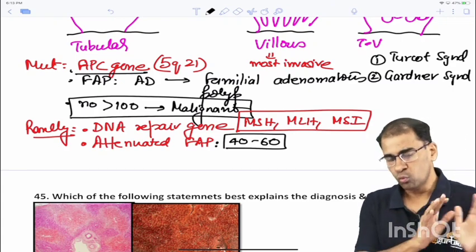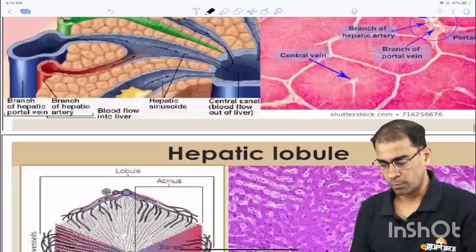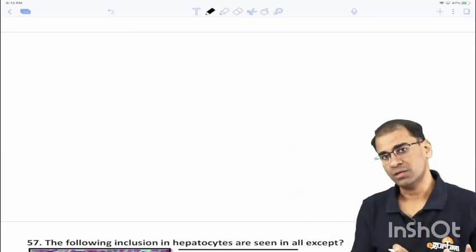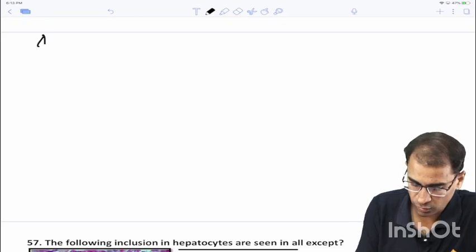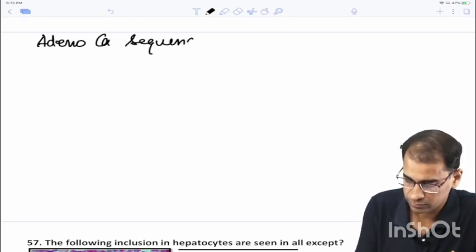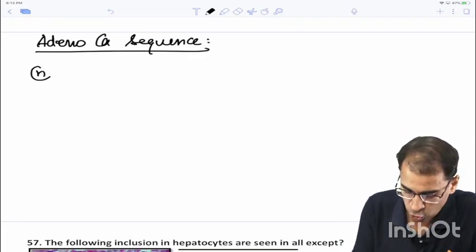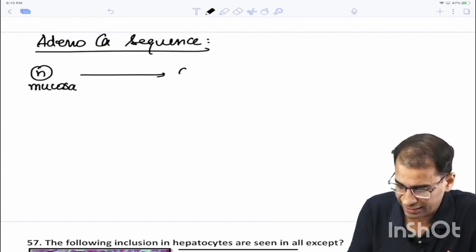Now, suppose there's a normal mucosa. The normal mucosa is progressing to a polyp. How will that occur? It is called the adenoma-carcinoma sequence. A normal mucosa will progress to an adenoma, right?